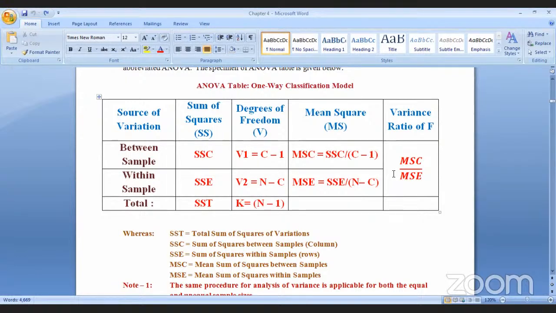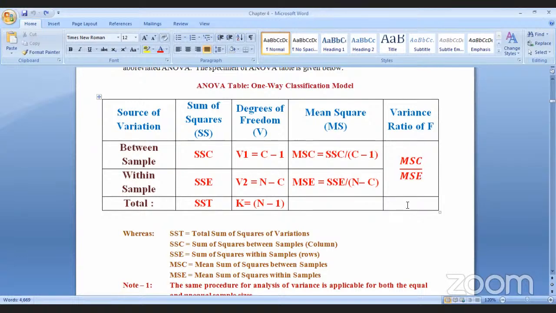Then within samples: SSE, V2 is equal to N minus C, MSE is equal to SSE divided by N minus C. Then total, that is SST, K is equal to N minus 1. This is a pro forma.